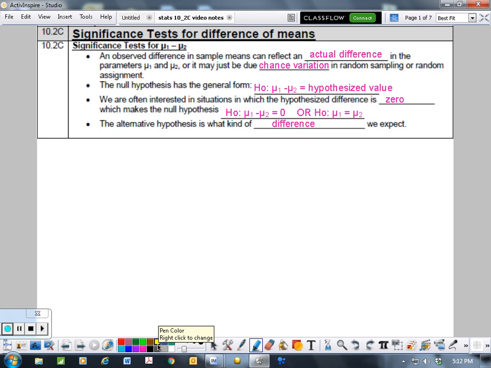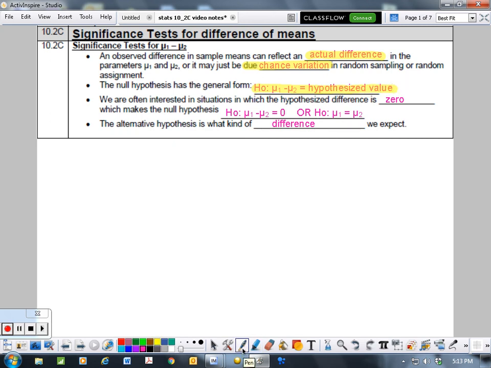So significance test, we're looking at whether an observed difference in sample means can reflect an actual difference in the parameters, or it may be due to chance variation. So we're checking to see, is there really a difference, or is it just due to chance? Now the null hypothesis has a general form where the null is mean 1 minus mean 2 equals our hypothesized value.